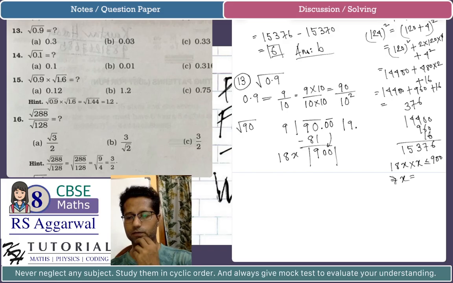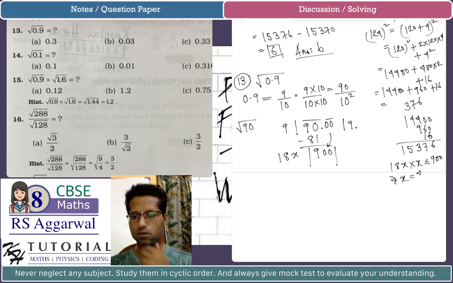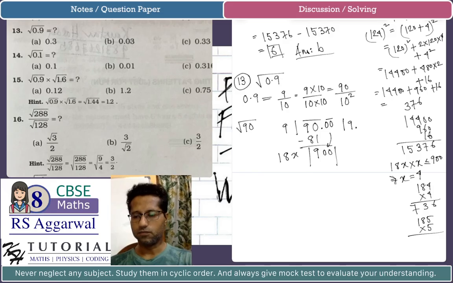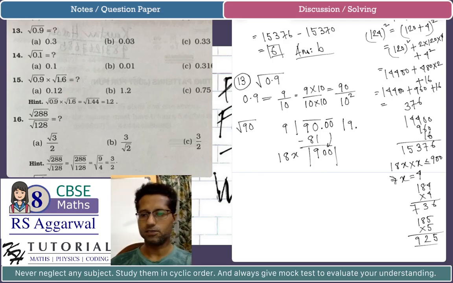It cannot be 5, because 185 multiplied by 5 is 925, which exceeds 900. It cannot exceed 900. So it has to be 4.